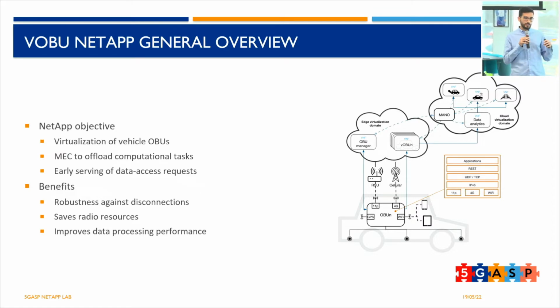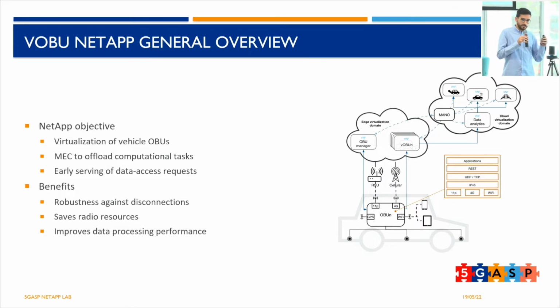So the aim of this solution is the virtualization of the vehicle OBUs to, in first place, reduce the latency in the communications with the vehicle from the external network or from the core network directly to the vehicle, and also to provide some kind of offloading capabilities to the virtual OBU located in the MEC, where we have more computational capacity.